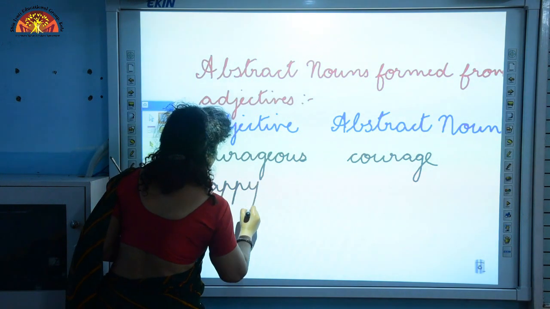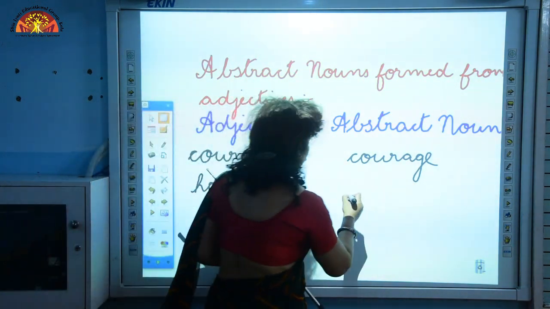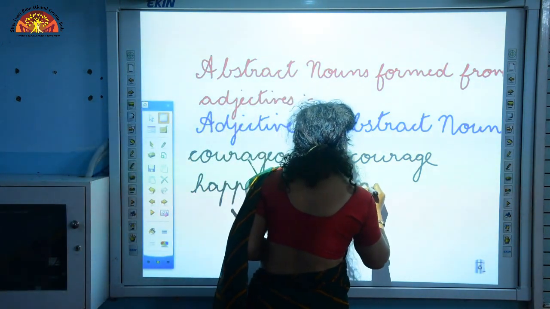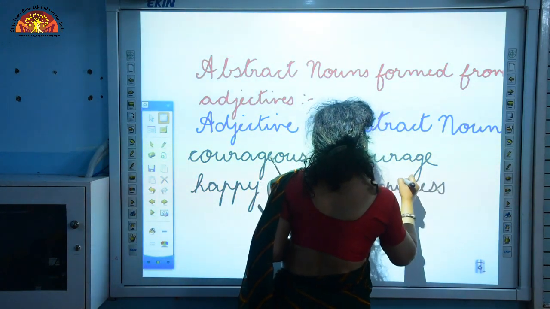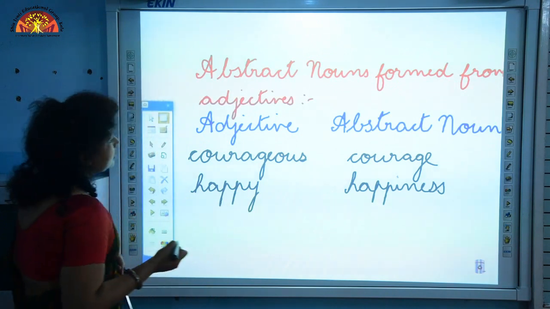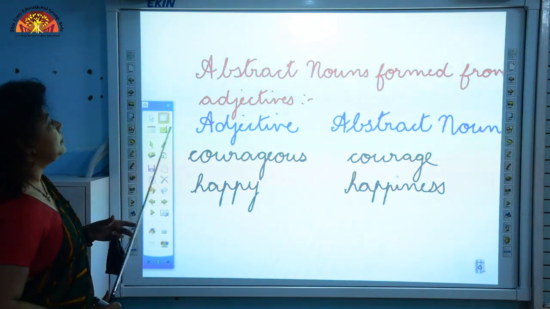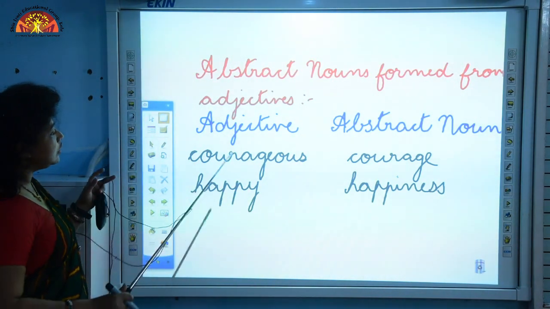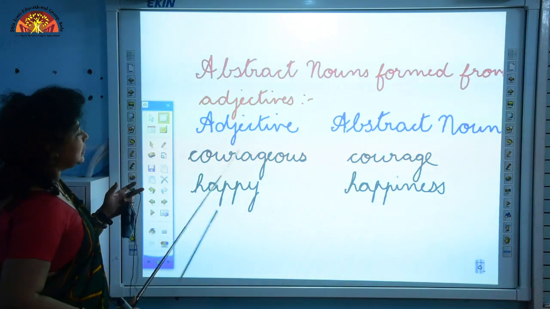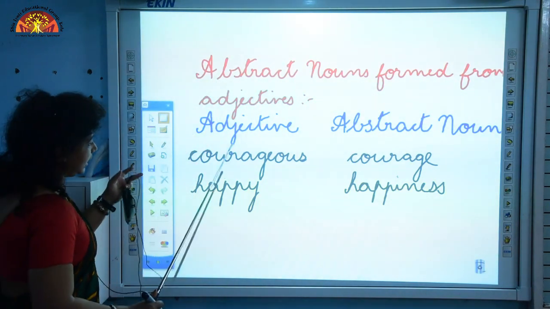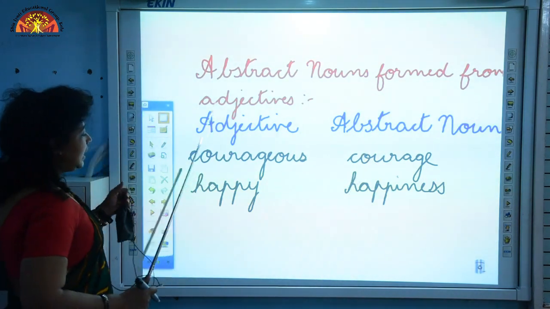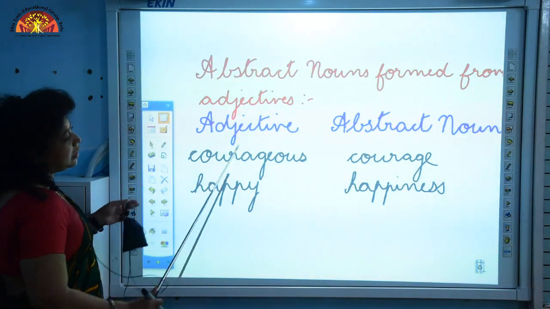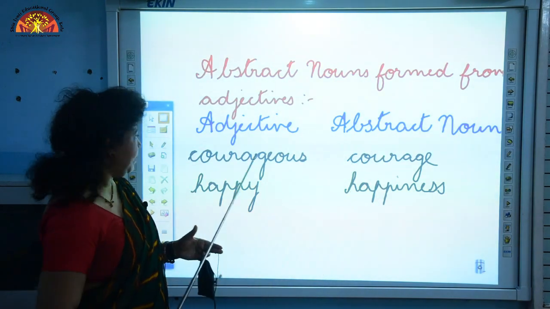Adjective happy, the abstract noun is happiness. Okay, so these are some of the examples of abstract nouns formed from adjectives. The adjective courageous becomes the abstract noun courage. The adjective happy becomes the abstract noun happiness.